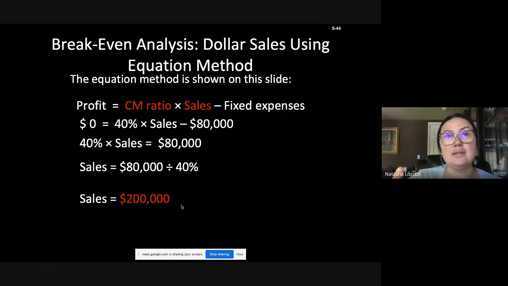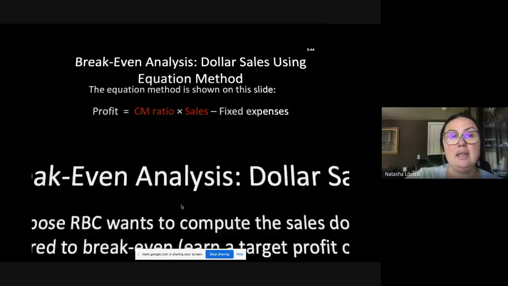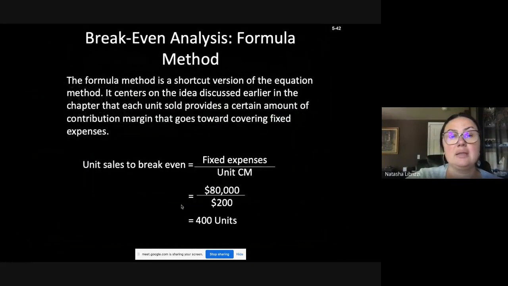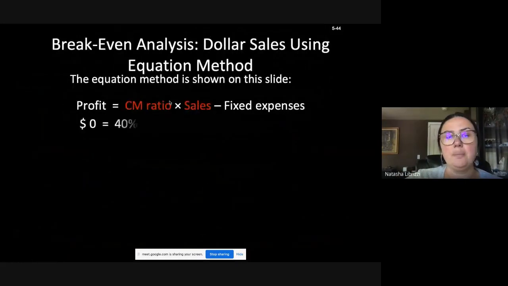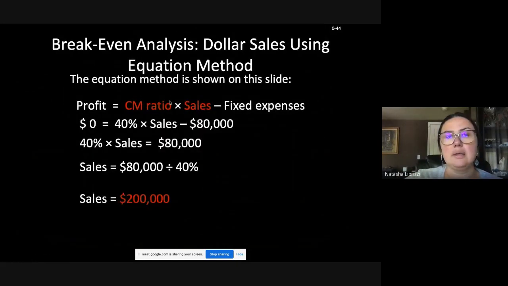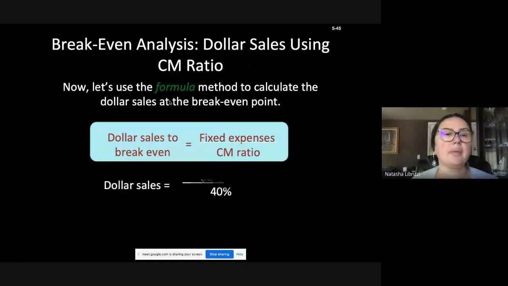So if the question is asking what dollar amount they break even at, you're going to use the equation method. And if the problem is asking for units, you're going to use the formula method. I know they sound similar, but I want to use the same vocabulary your homework will use.